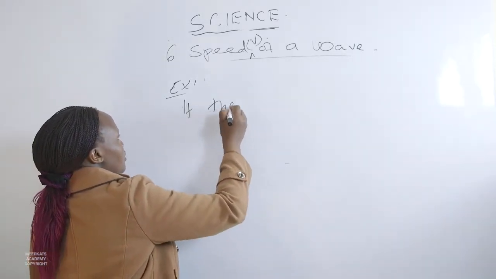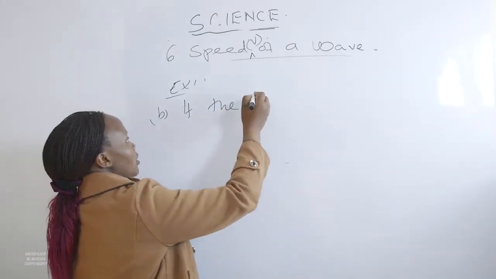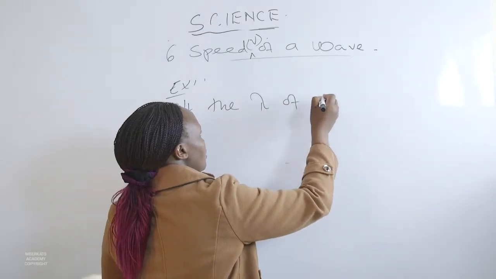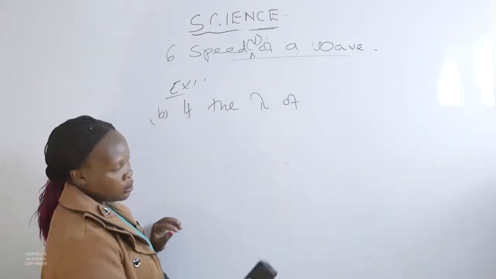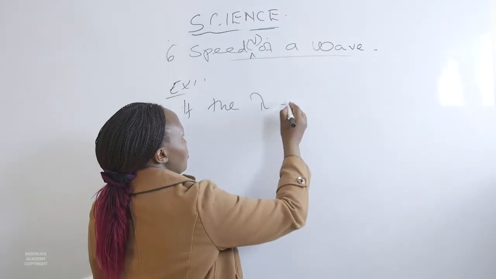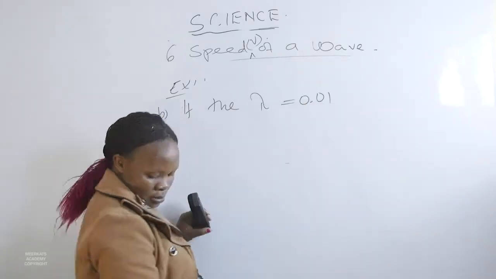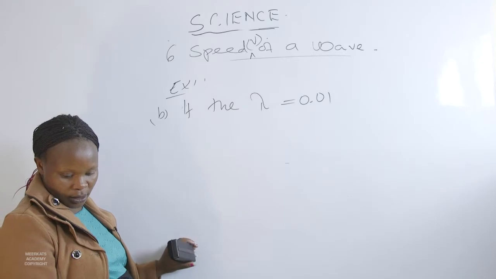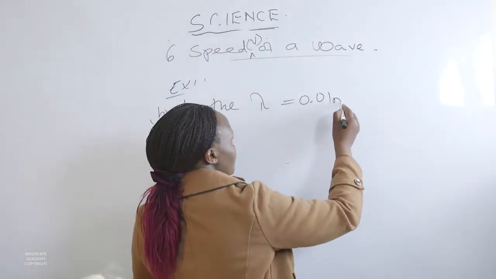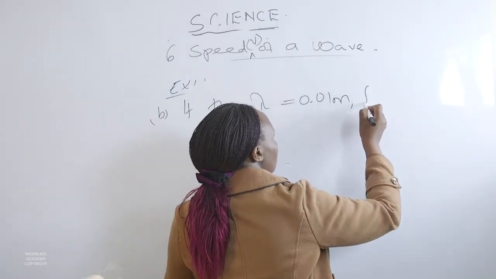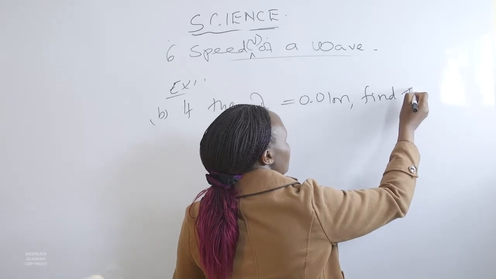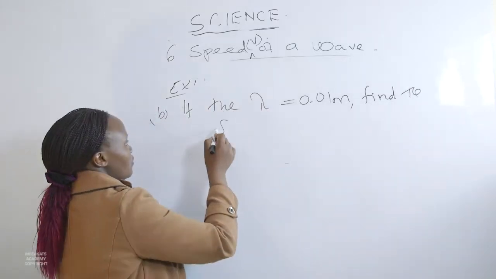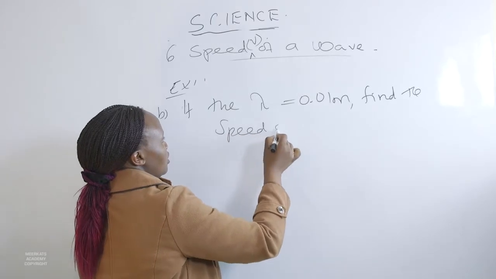if the wavelength is 0.01 meters, we should find the speed. Find the speed of the wave.